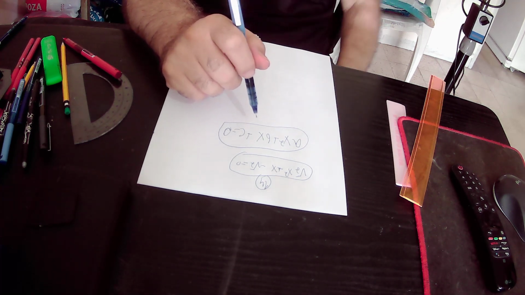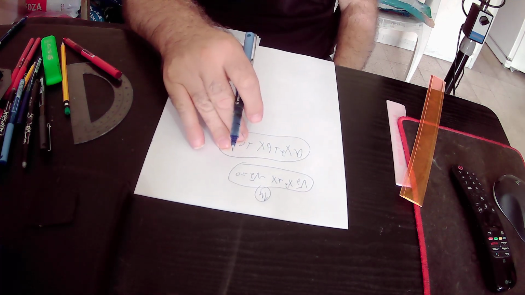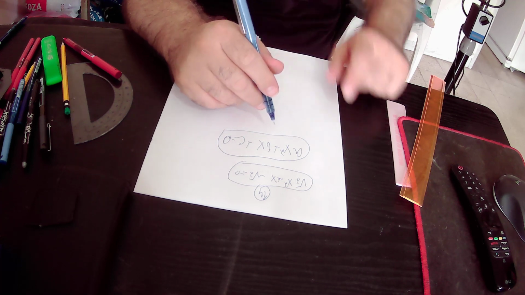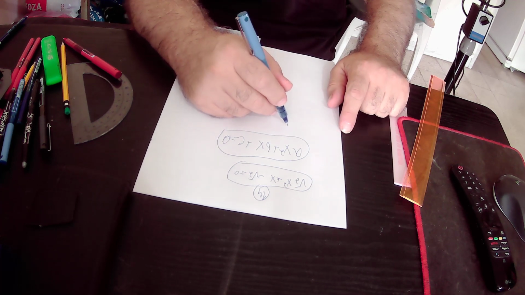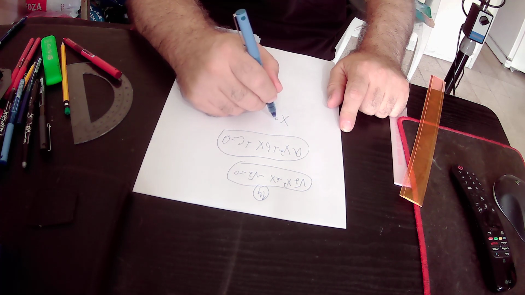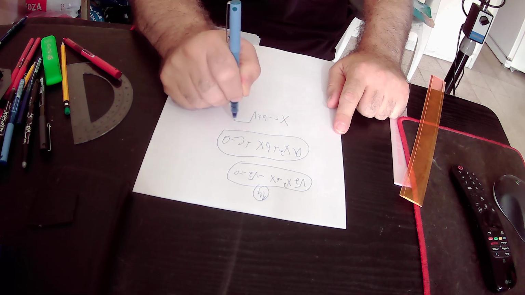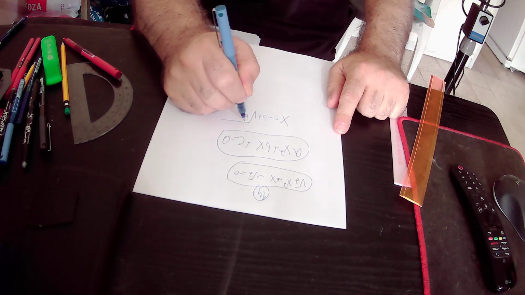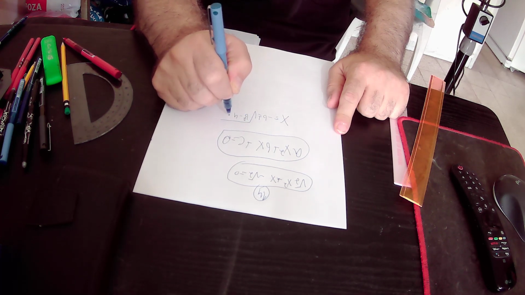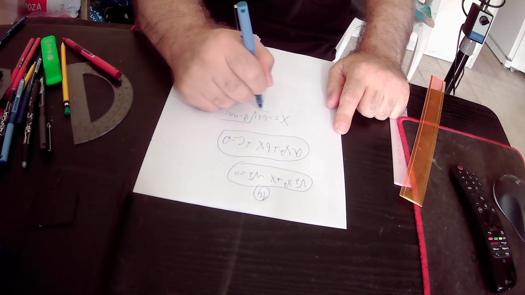And we will find the value of x according to a special formula. According to this formula, x equals minus b plus or minus the root of b squared minus 4 times a times c, over 2a.